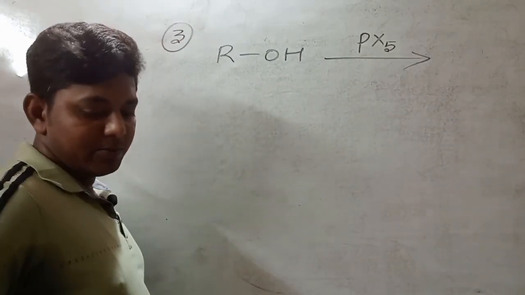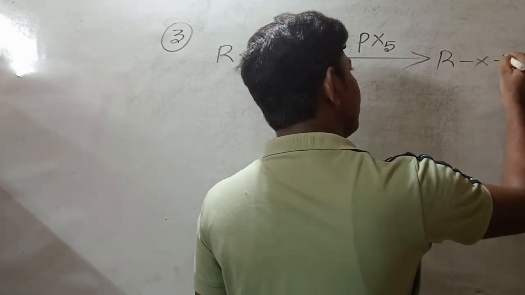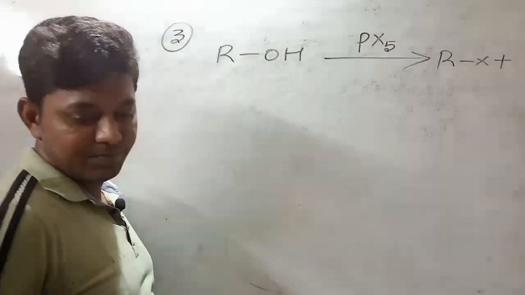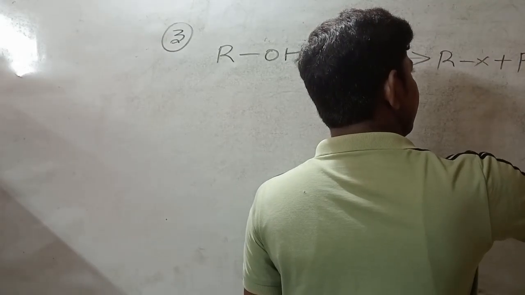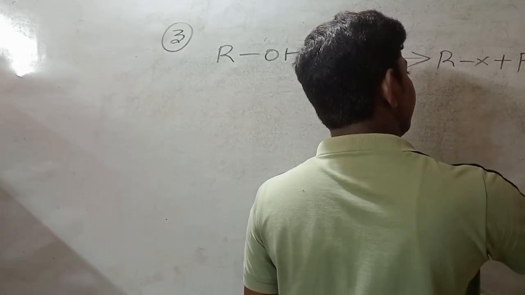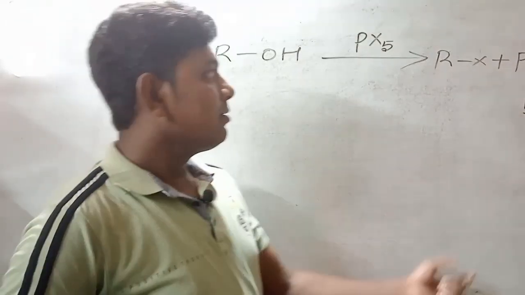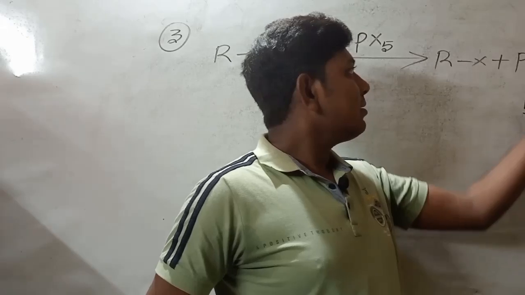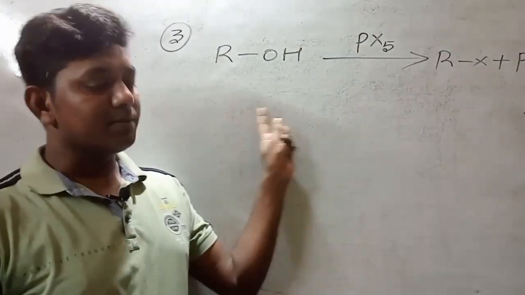In this process RX is formed, then POX3 is formed as a byproduct, and HX is formed. So POX3 and HX are the byproducts of these reactions.